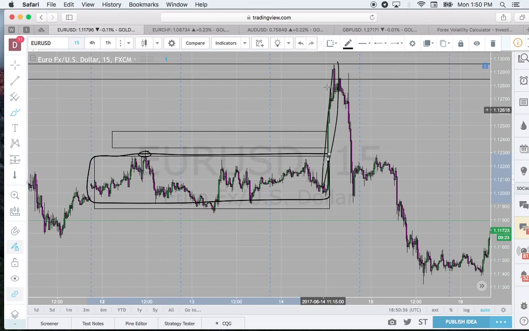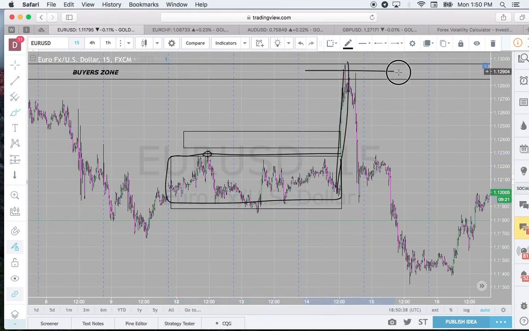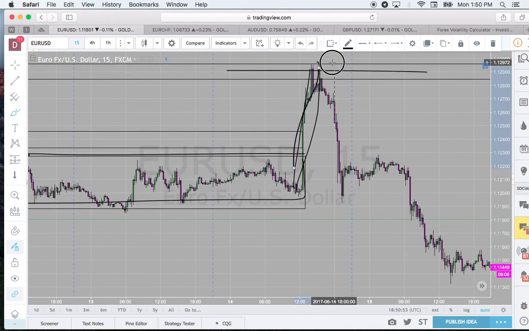The sellers are here. We know there's buyers up here. This is the buy zone. Price comes up looking for those buy orders because of the imbalance in liquidity. He balances out the liquidity by going up here.